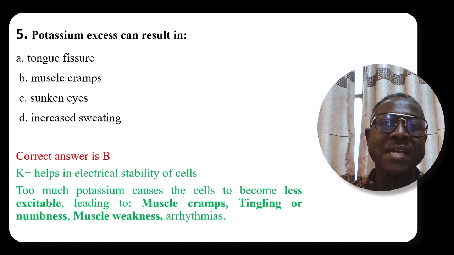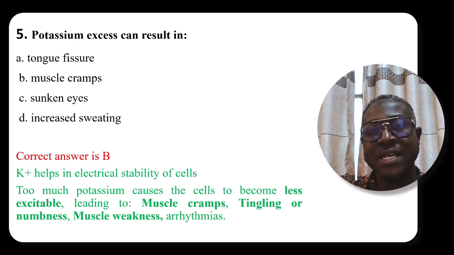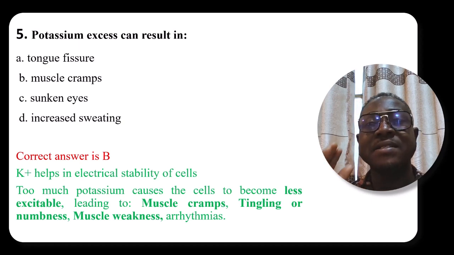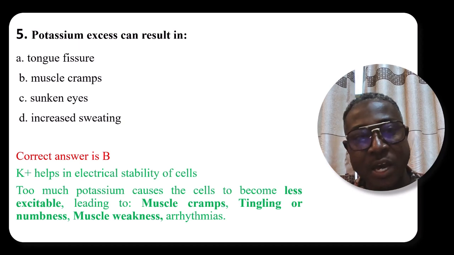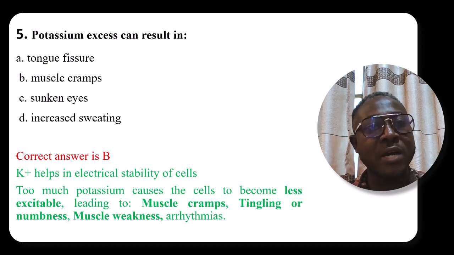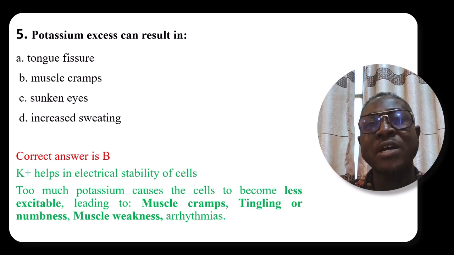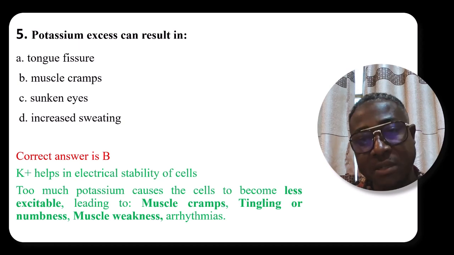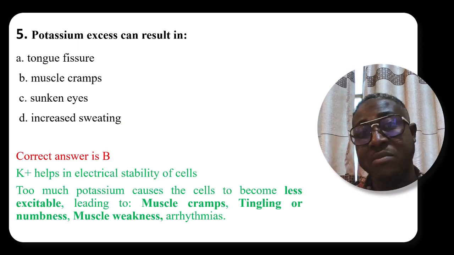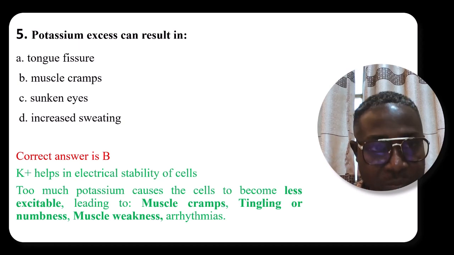But when there is a low amount of that electrolyte in the cells, the muscles become highly excitable. And so here we are talking about potassium excess, so we expect the muscles to have low excitability. And so for potassium deficit, that is hypokalemia, it will lead to muscle cramps, tingling, numbness, muscle weakness, and arrhythmia.